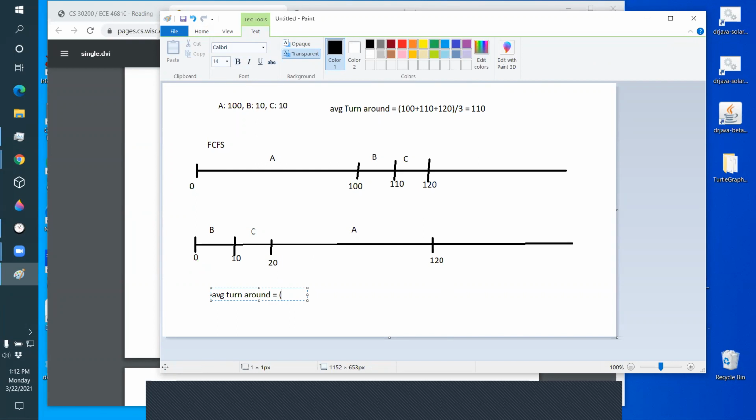The turnaround time for B is 10. The turnaround time for C is 20. And the turnaround time for A is 120.